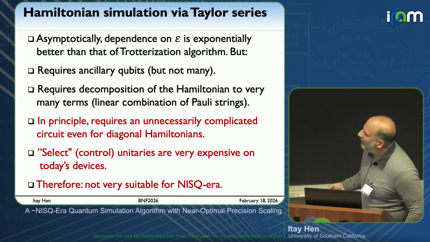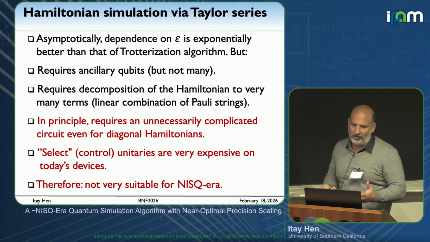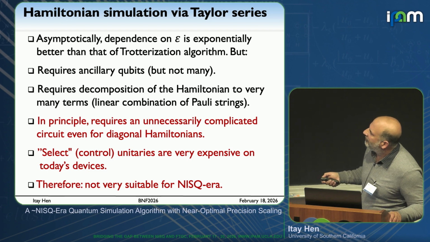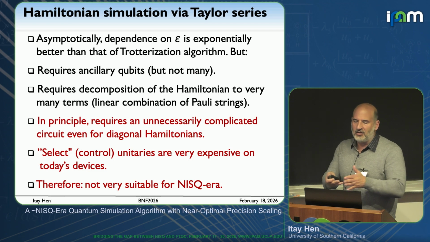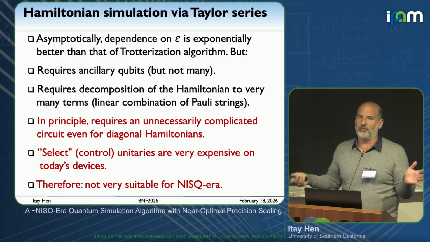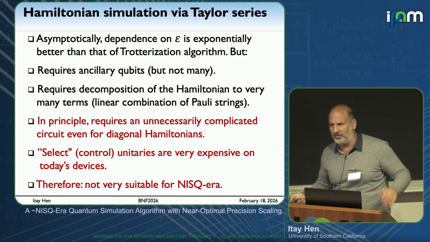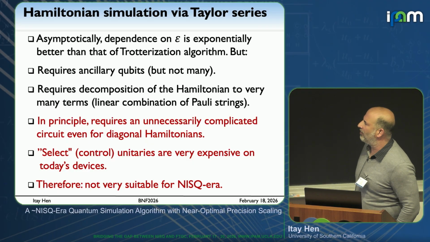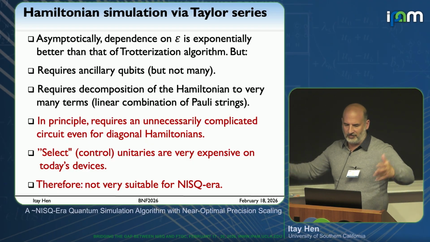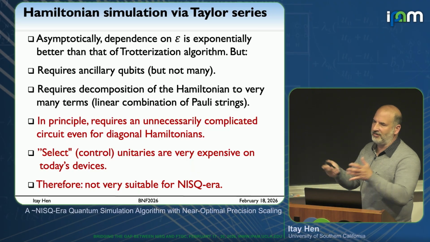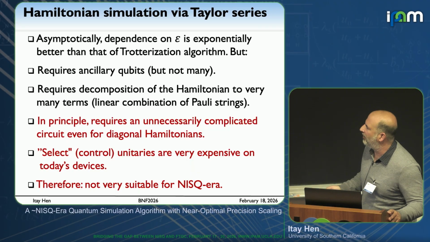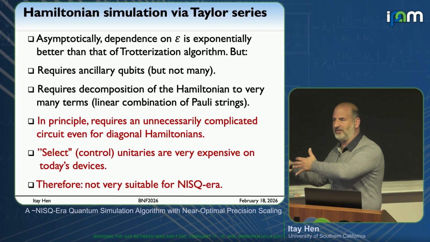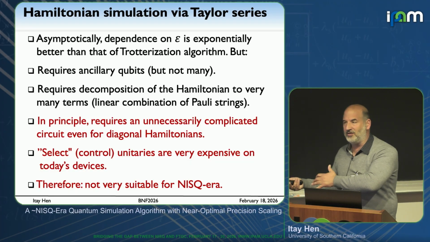Another thing that one can point at is that the LCU requires the decomposition of the Hamiltonian into very many terms, because you need to write it as a linear combination of unitaries. Think of a Fermi-Hubbard model: you need to do the Jordan-Wigner transformation and then write everything as a linear combination of Pauli strings, because the Hamiltonian is Hermitian but you need to write it as a linear combination of unitaries.